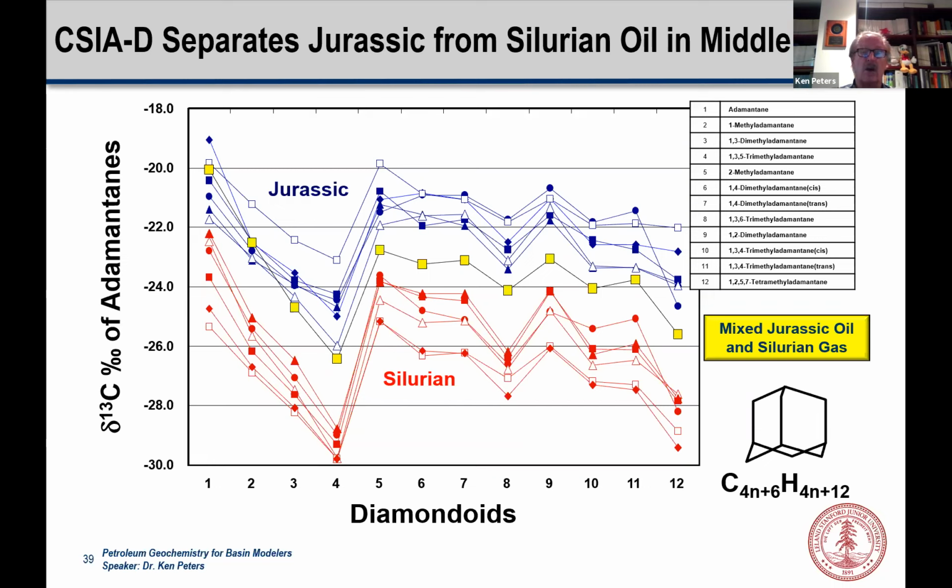These Jurassic oils are higher sulfur. They look very different, and it's tough to identify mixtures. But here's a beautiful example of a mixture right here. This oil with the yellow squares is a mixture of black oil from the Jurassic and gas condensate from subsalt Silurian.